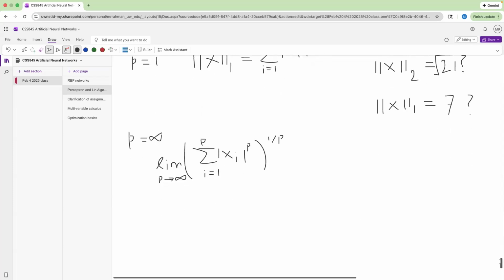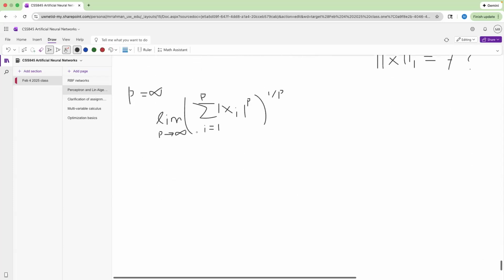Okay. And now let's think about what is happening here. You have a summation of these xi's to the power P, with the absolute value. Now, as P goes to infinity, what happens here? Let's say you have a vector like 1, minus 2, and then 11, right?